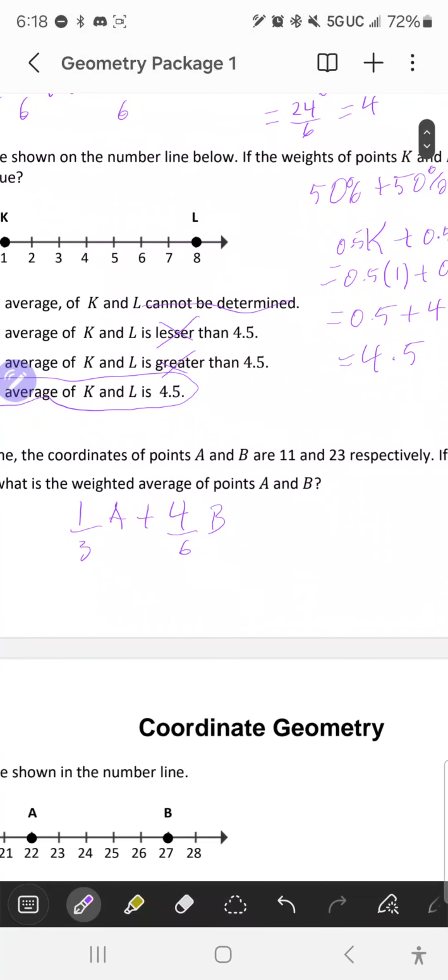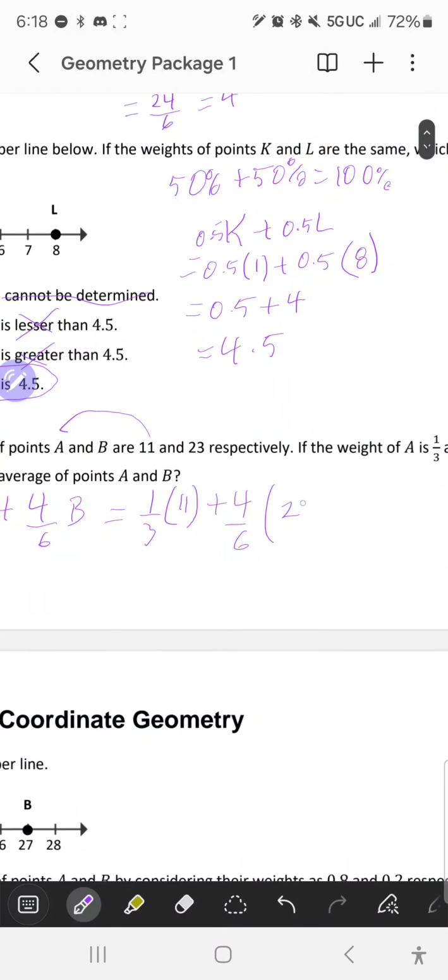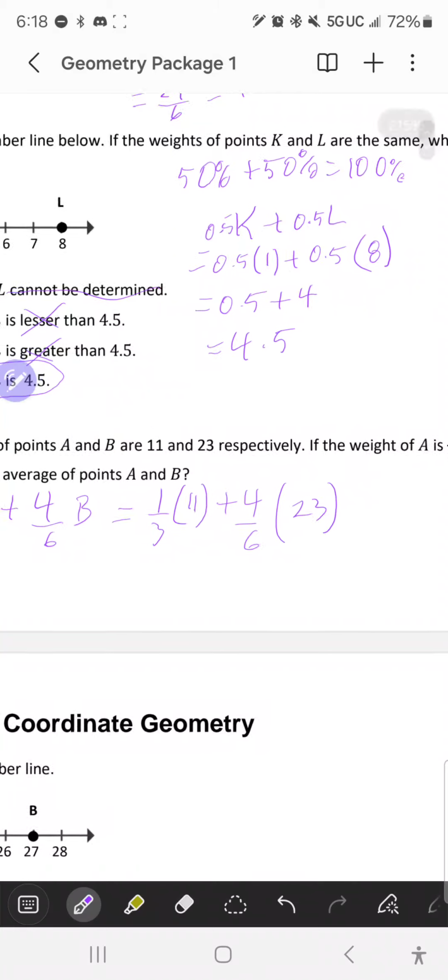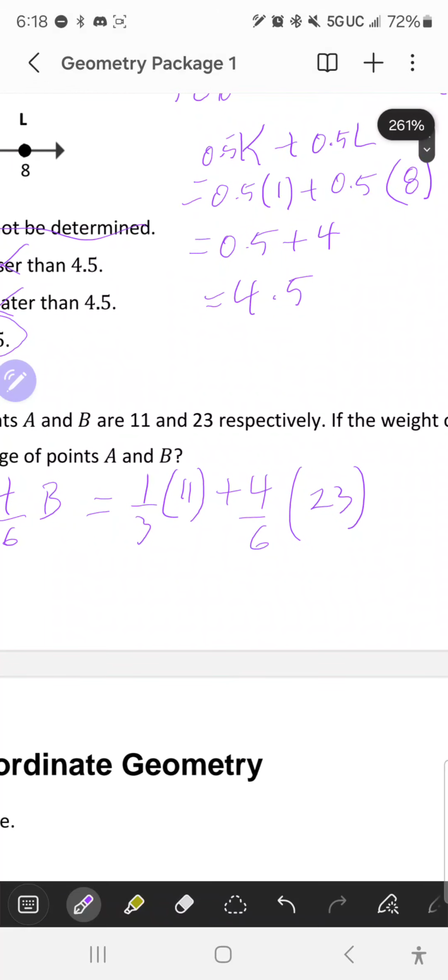So we substitute our values. This is gonna be 1/3 of 11, which is A, plus 4/6 of 23, which is B. Now what I would do is simplify this, since we can divide 4 by 2 and we get 2, and 6 by 2 and we get 3. So we can say that 4 over 6 is equal to 2 over 3.